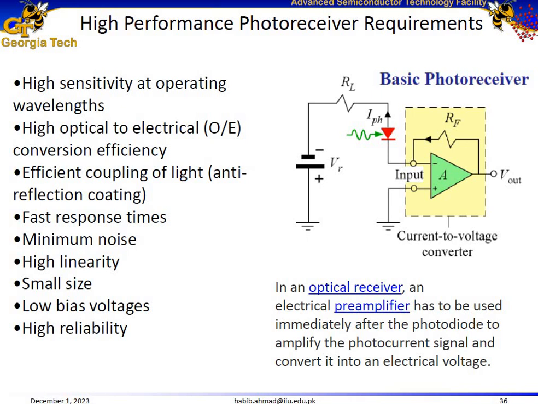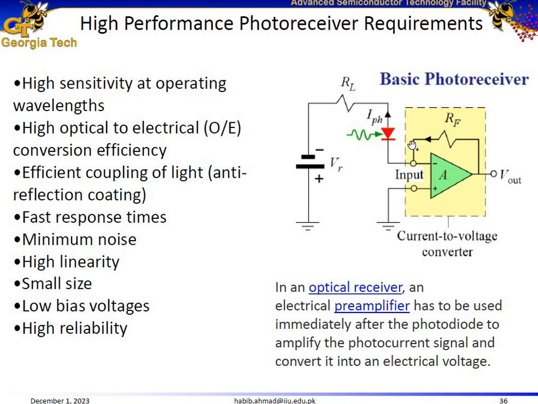But this photocurrent is not enough to be properly detected. So we need a pre-amplifier stage in front of this circuitry in order to amplify the signals, so that they are detected and further processed by data acquisition and processing.